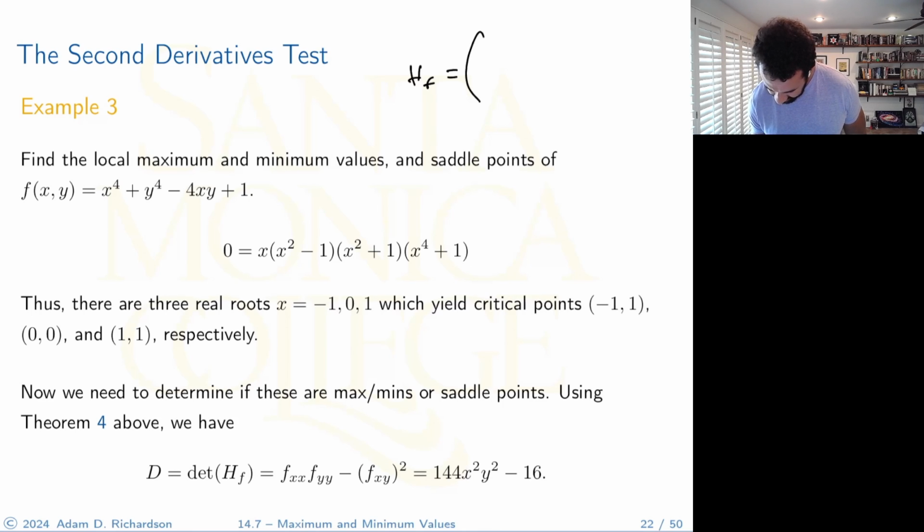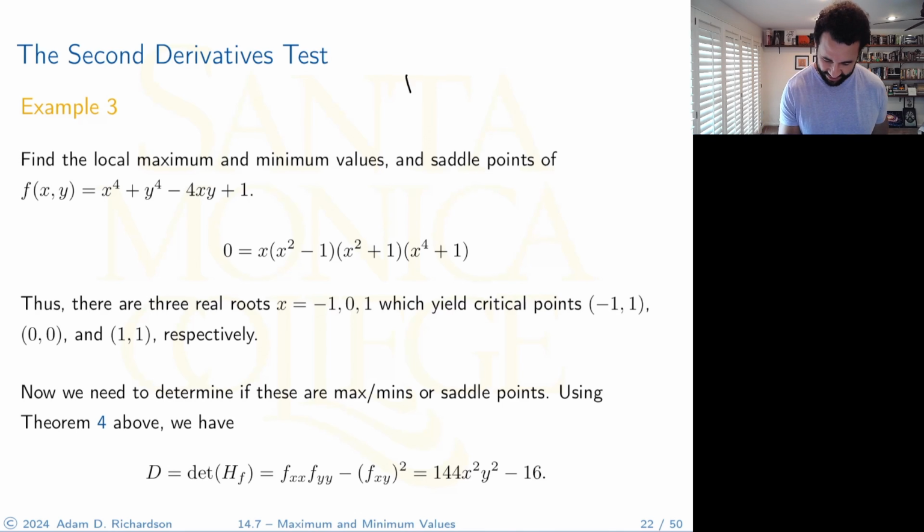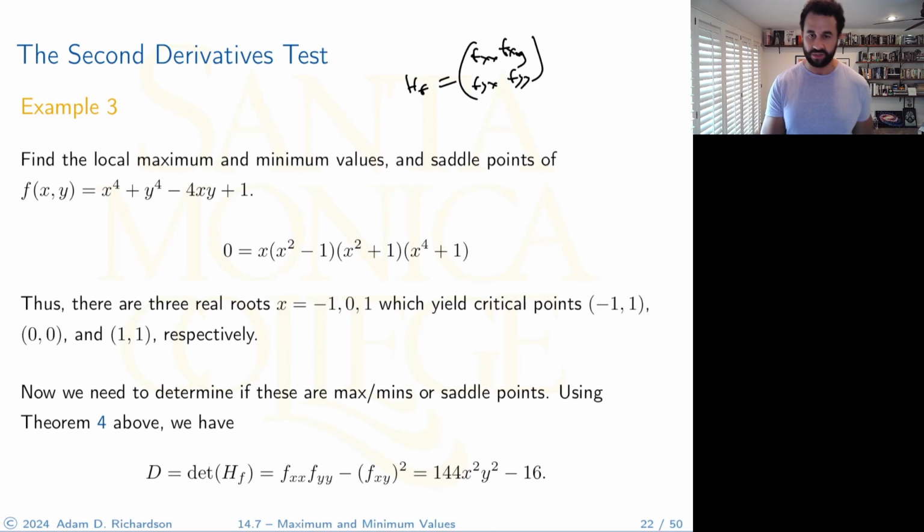Let me scroll back. I'm not going to bother with it, sorry. I'm sure you can do it yourself. As a good exercise, try to write out the Hessian for f. Remember, it's going to be fxx, fxy, fyx, fyy. So try to write that out and evaluate it at one of those critical points.